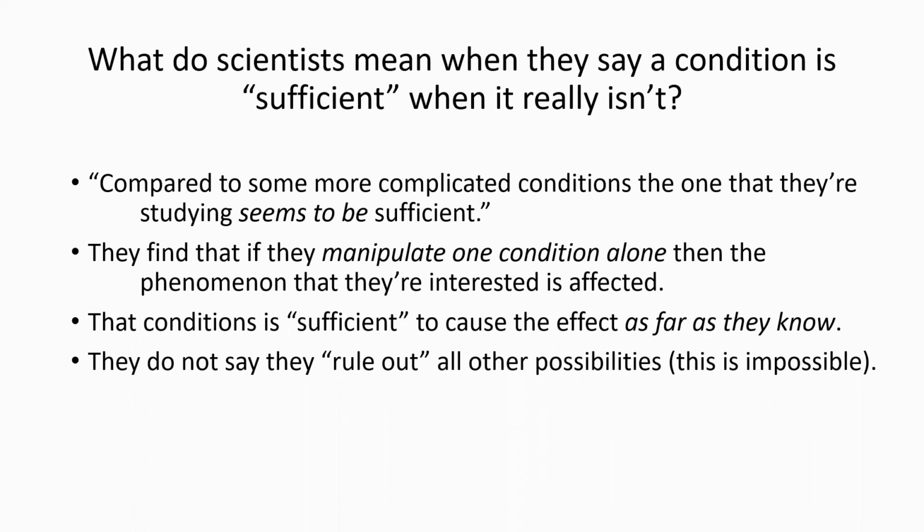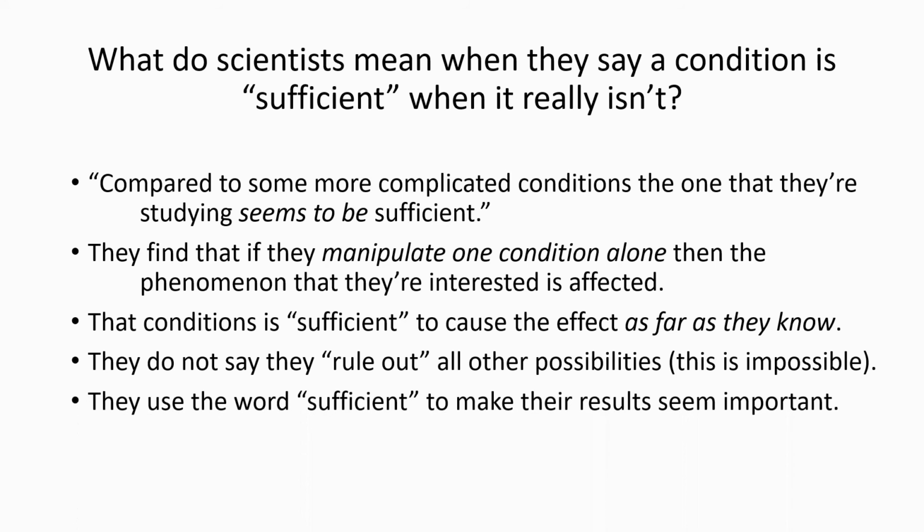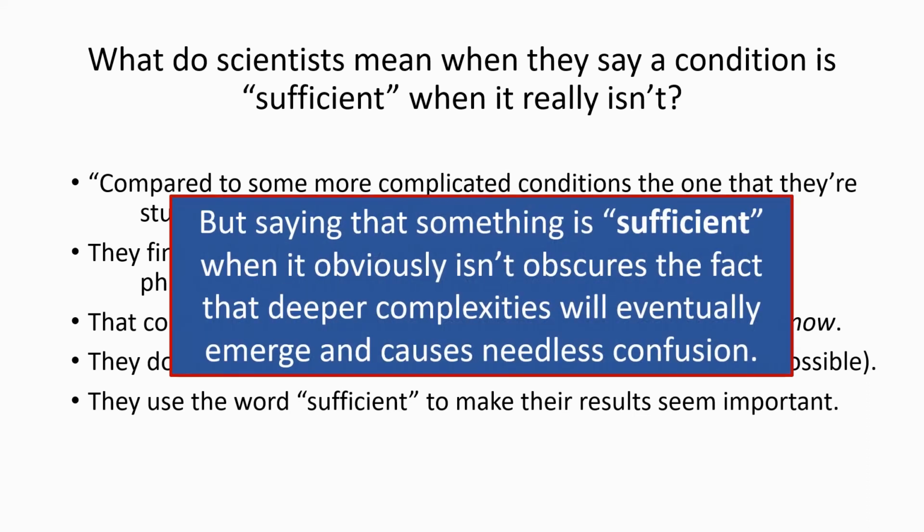They do not, of course, say that they've ruled out all other possibilities, since this would be impossible, and they use the word sufficient to make their results seem more important. However, saying that something is sufficient when it obviously isn't obscures the fact that deeper complexities will eventually emerge, and it causes needless confusion. The question is, is there a better way to proceed?